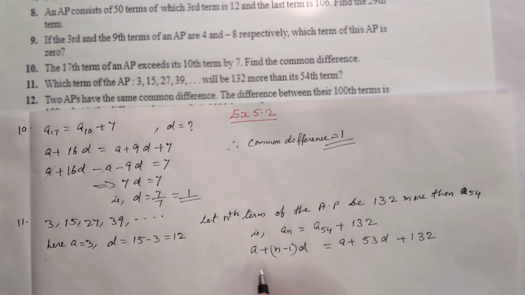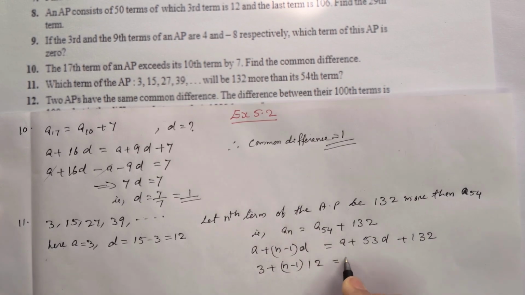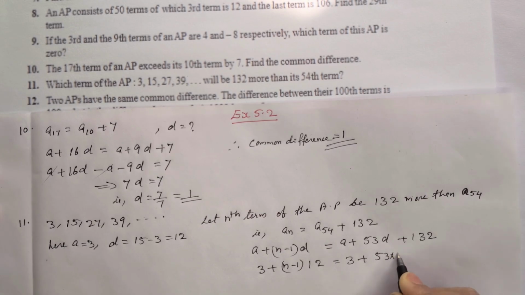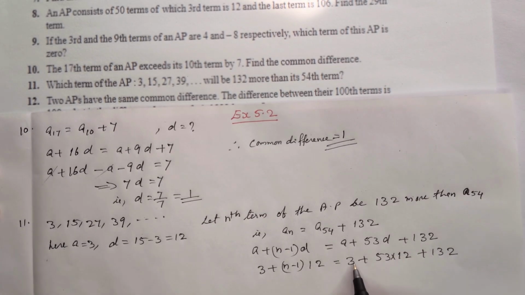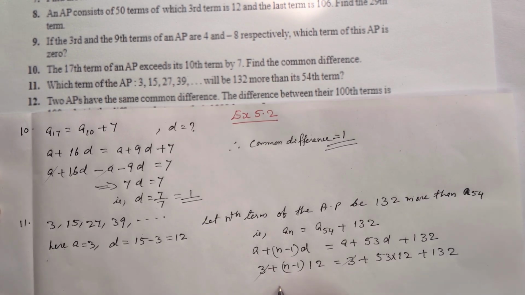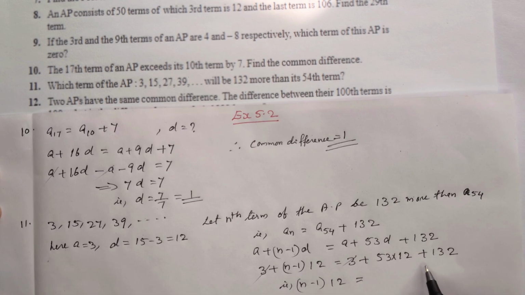Put the values here. a is 3 plus n minus 1 into d, which is 12, is equal to 3 plus 53 into 12 plus 132. Moving 3 to this side, 3 and 3 we can cancel. Then n minus 1 into 12 is equal to 53 into 12 plus 132.